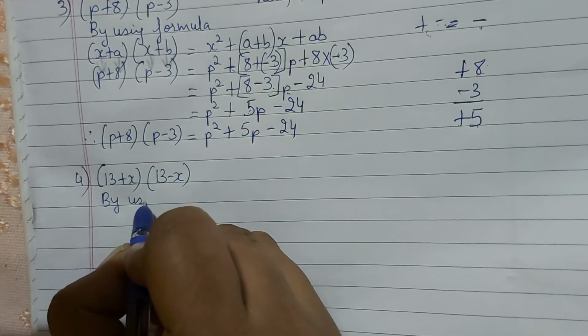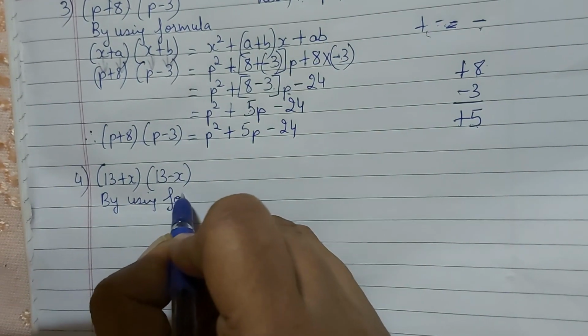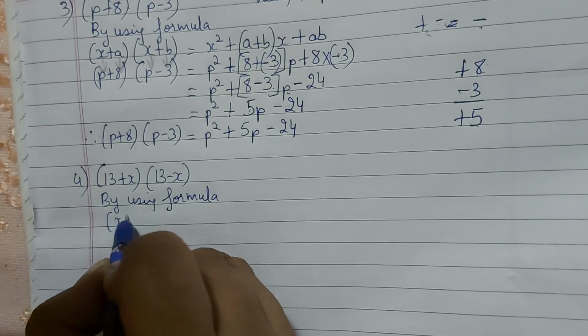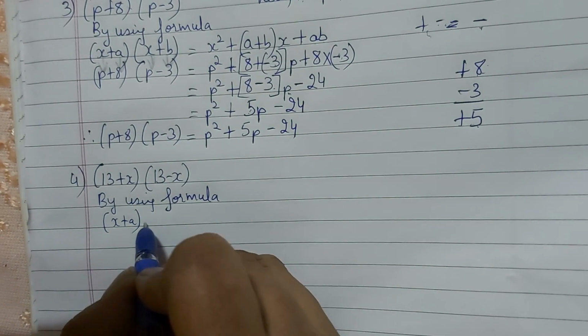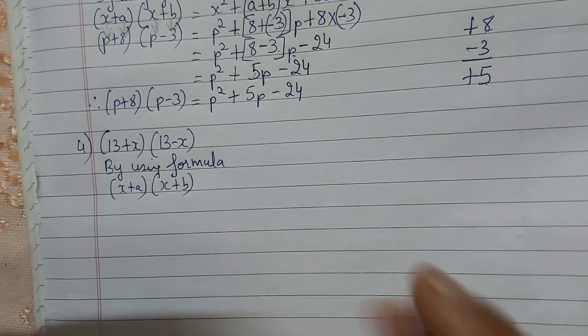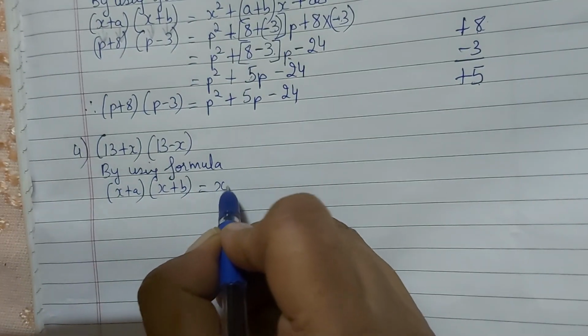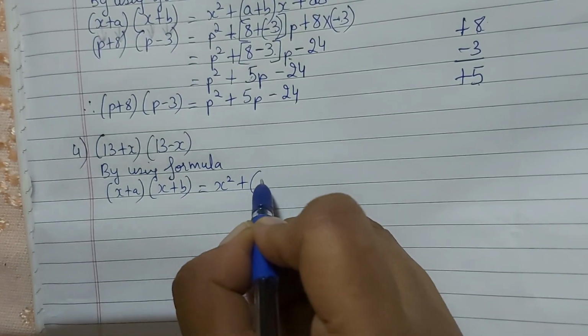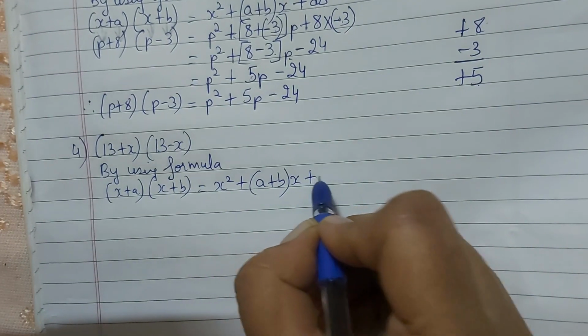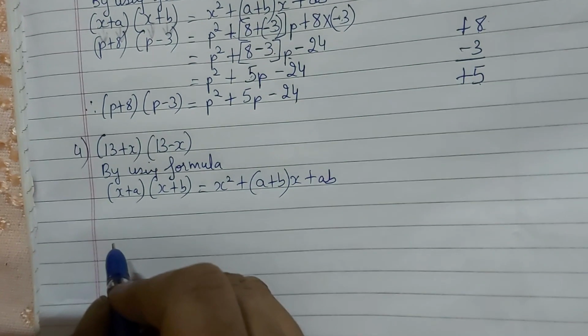Which is our formula now? This is our formula: x plus a into x plus b is equal to x square plus a plus b into x plus ab.